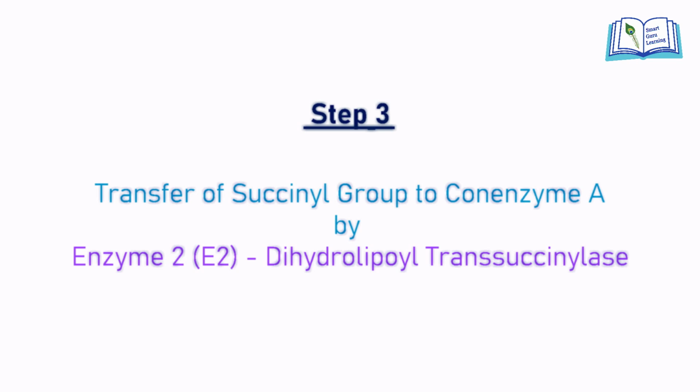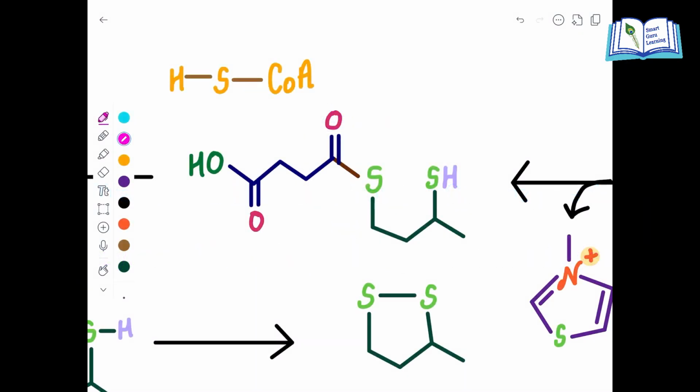Step 3. Transfer of succinyl group to coenzyme A. Coenzyme A then attacks the carbonyl carbon here, and the electrons from this double bond are delocalized to the oxygen. Through this, we get an intermediate like this.